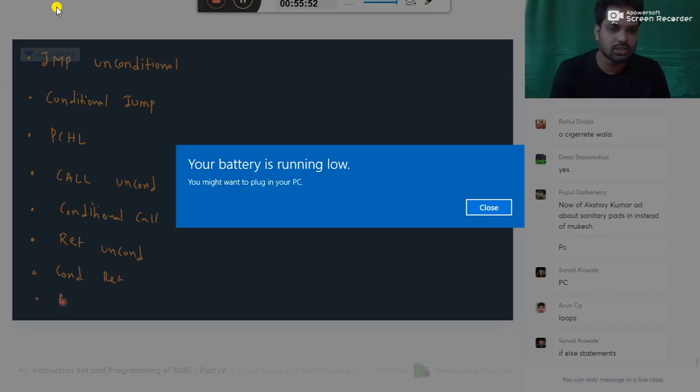And also one more instruction, RSTN. These are the instructions we are going to study in this group.